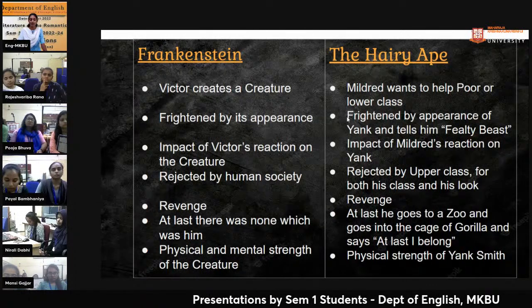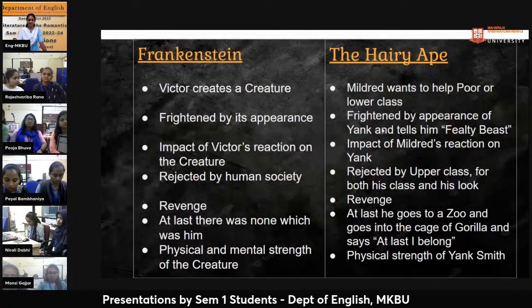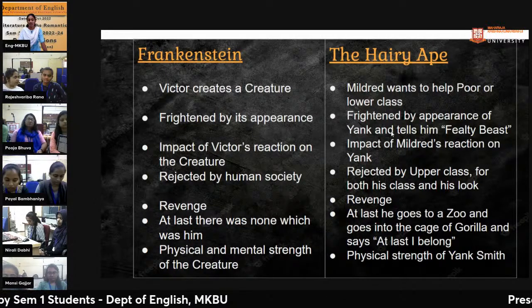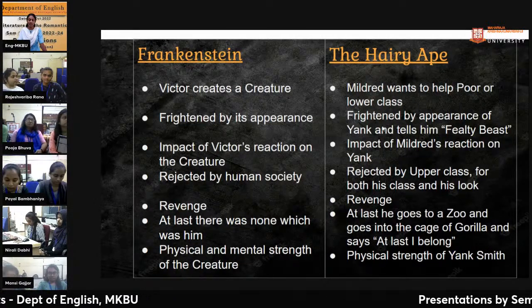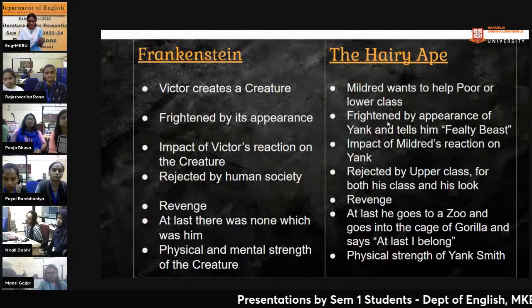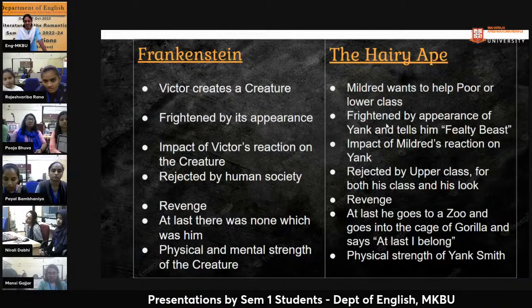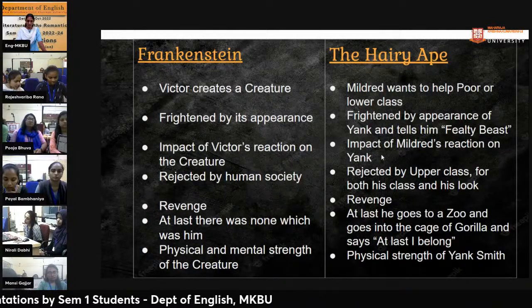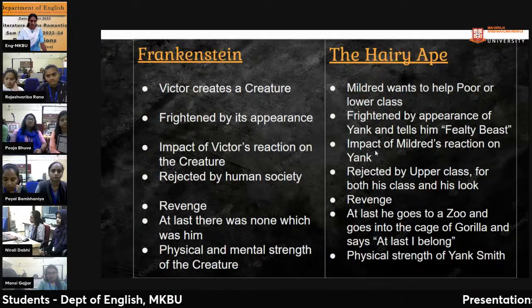appearance. And the same concept we can see in The Hairy Ape, when Mildred visits the ship where workers were working. She sees Yank Smith, calls him a filthy beast, and becomes unconscious.